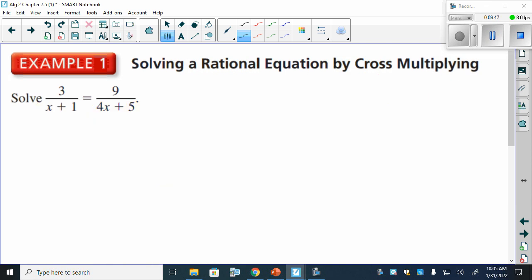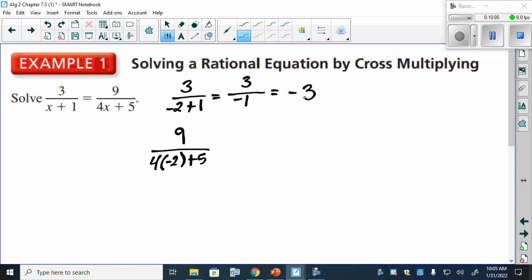Now, if we wanted to, we could plug it back into the original problem: negative 2 plus 1, and 9 over 4 times negative 2 plus 5. Well, this here would be 3 over negative 2 plus 1, which is negative 1, and 3 divided by negative 1 is negative 3.